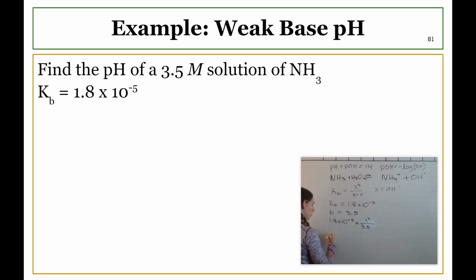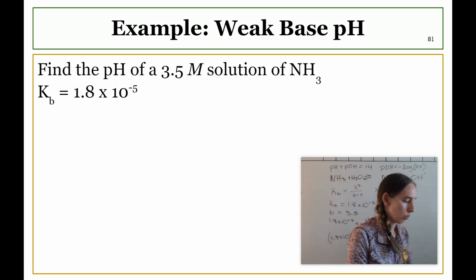Now it's just simple math again. 1.8 times 10 to the negative 5 times 3.5. Let's go ahead and multiply that out and then take the square root of it.